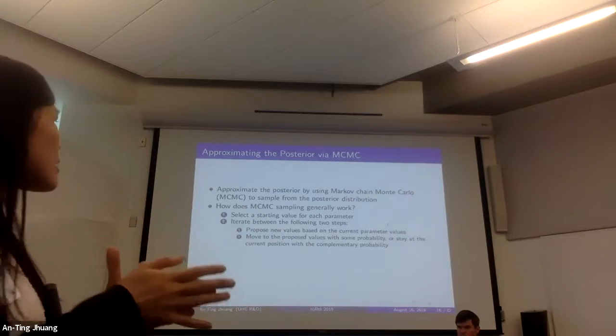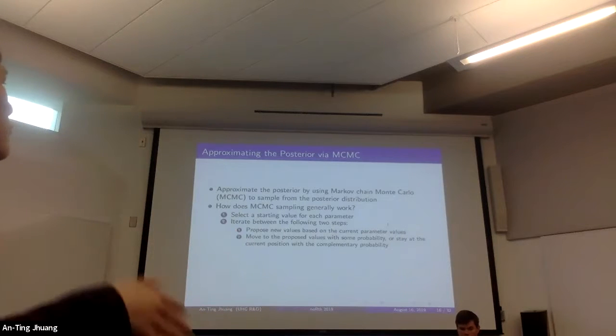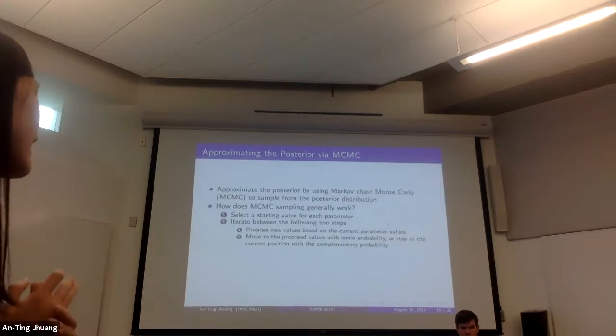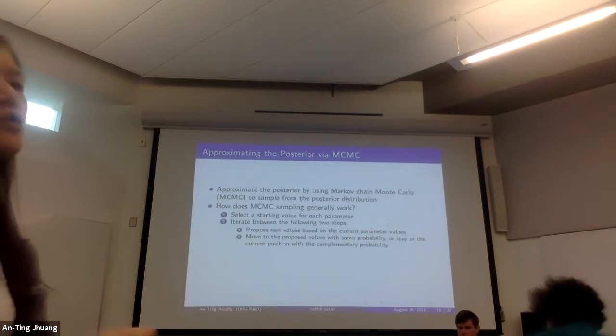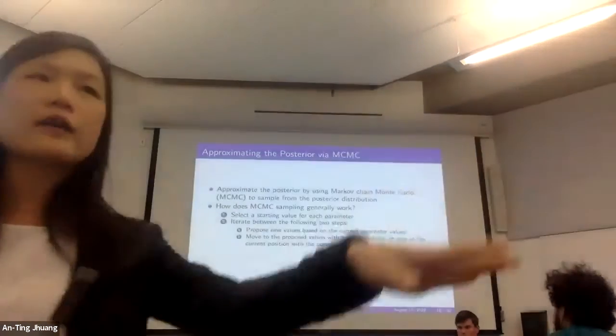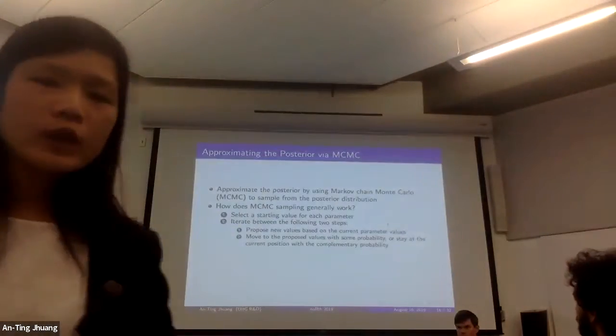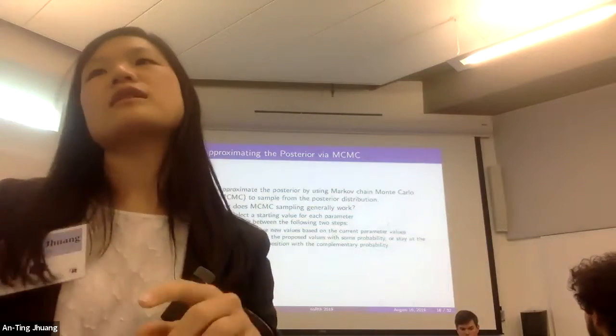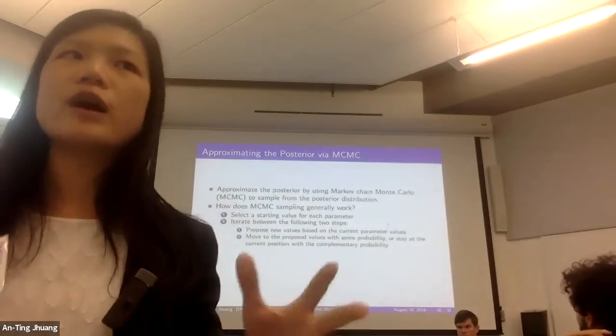In each step, it will propose a new value based on the current parameter value, and then you can choose to move to the new value or stay here. That's the general idea of MCMC. Of course, there are many variants of this MCMC sampling.